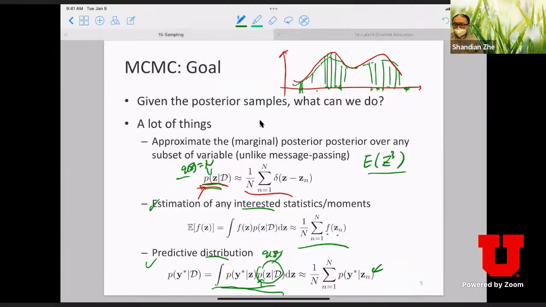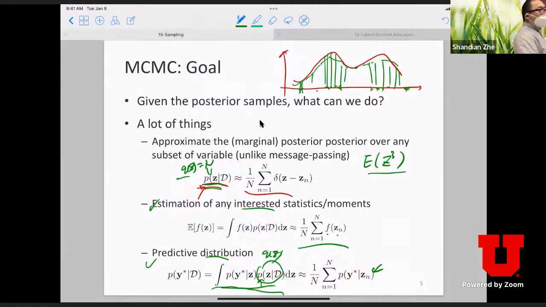What is the delta function there? Yeah. If you want to view it very rigorously from the integral point of view, essentially the integral is a delta measure.